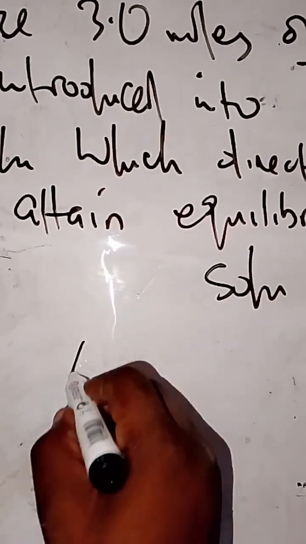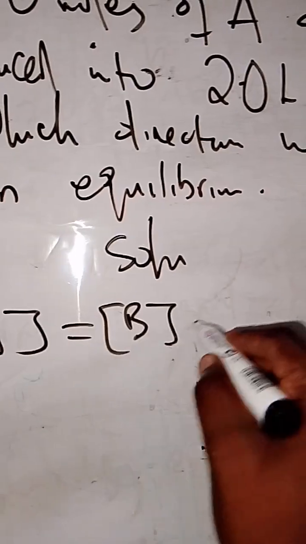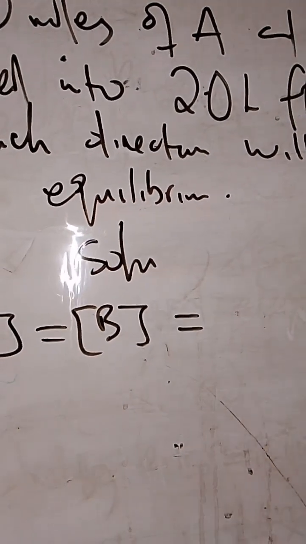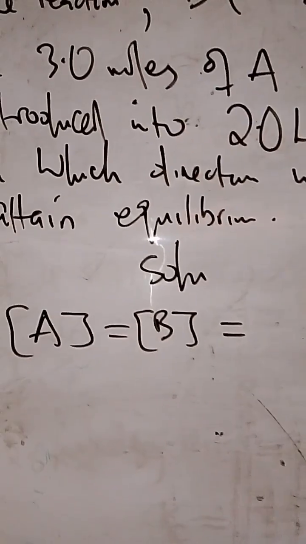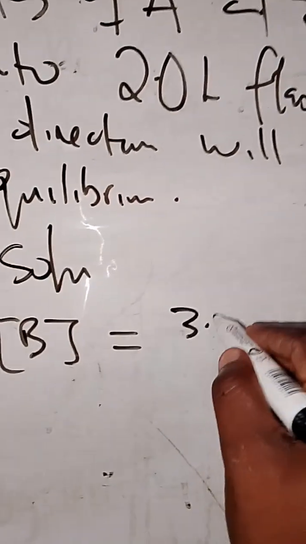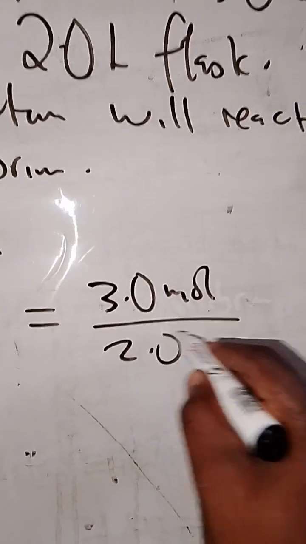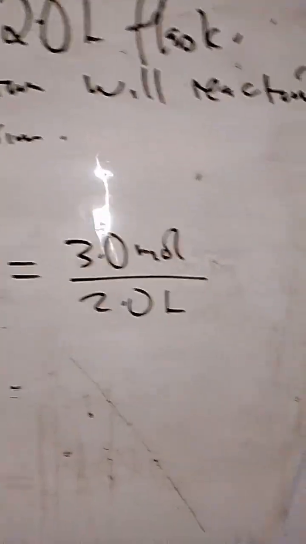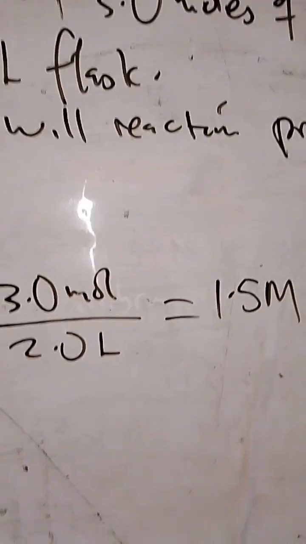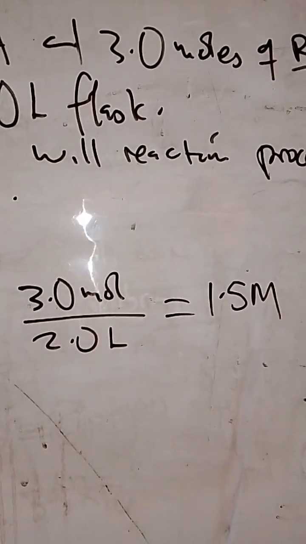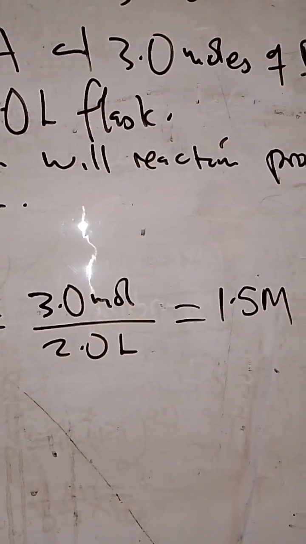So the concentration of A is equal to the concentration of B, since they have the same number of moles in the same vessel. So 3.0 moles over 2.0 liters gives us 1.5 molar. This is the initial concentration of A and B.